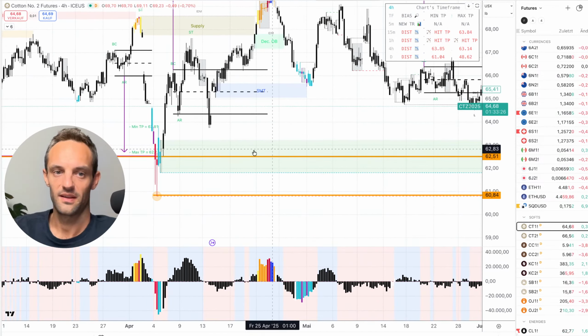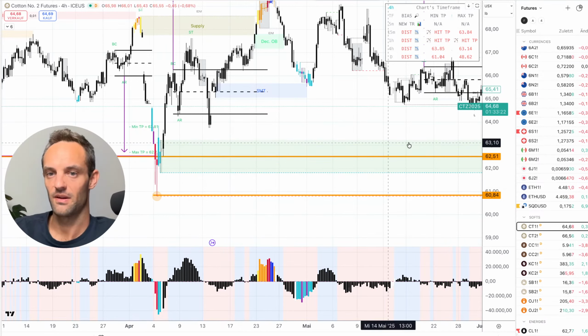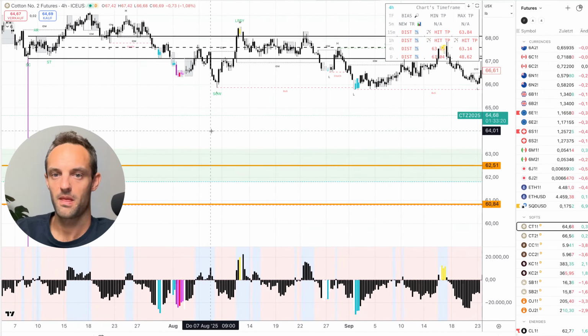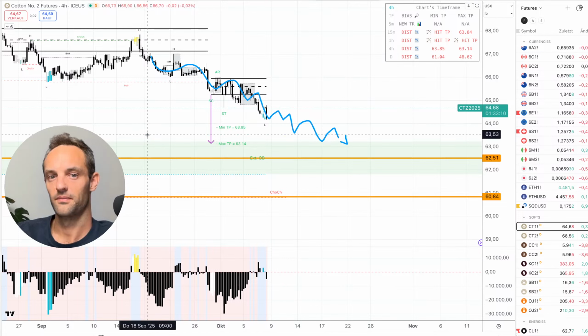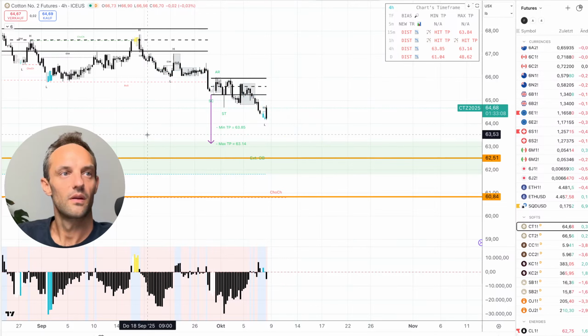So this situation can show us that this is a fake breakout to the downside, but as long as the market is more or less drifting, I would say it will drift more, continuing to the downside.